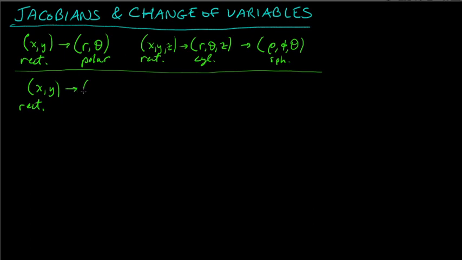And we might want to switch to just some generic coordinates, let's say u and v. And we're going to stick with the two-dimensional case of change of variables. So the u and v are just some generic new coordinates.